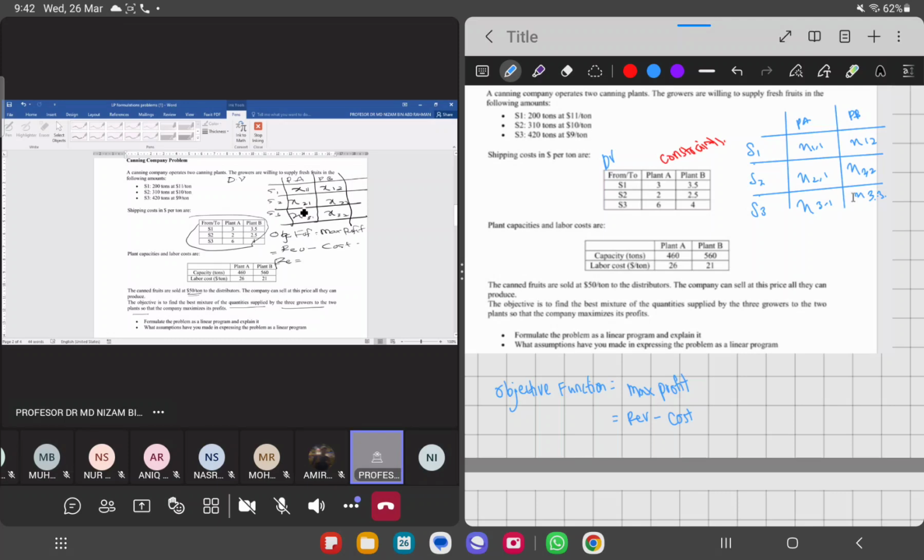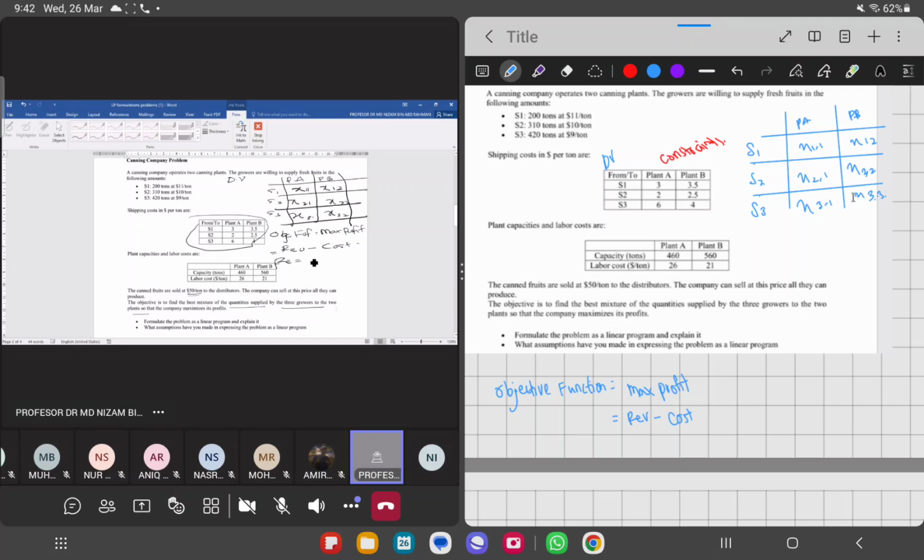So the number of tons of canned fruits I'm going to make is X11 plus X12 plus X21 plus X22 plus X31 plus X32. Right? Make sense?